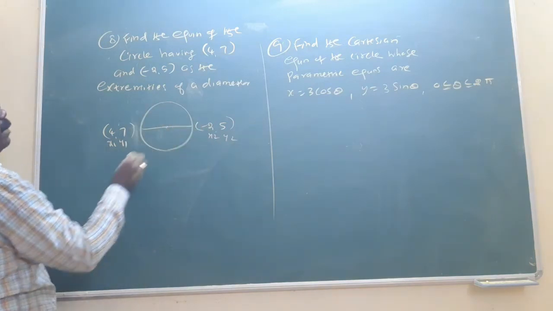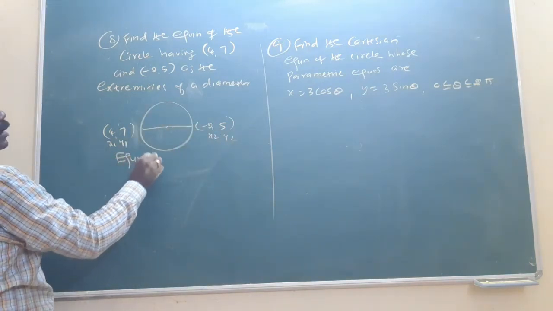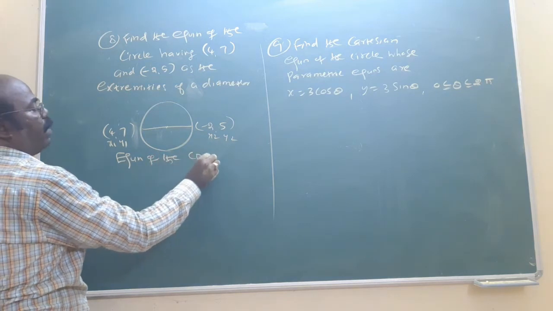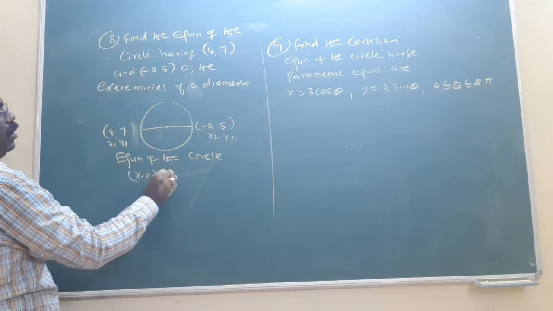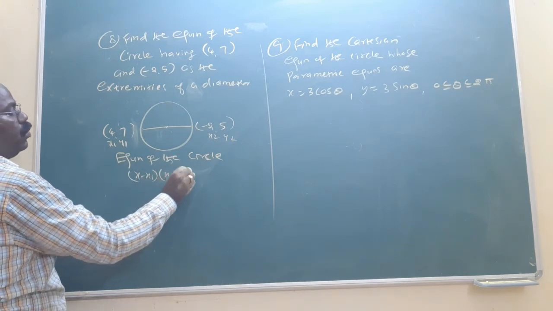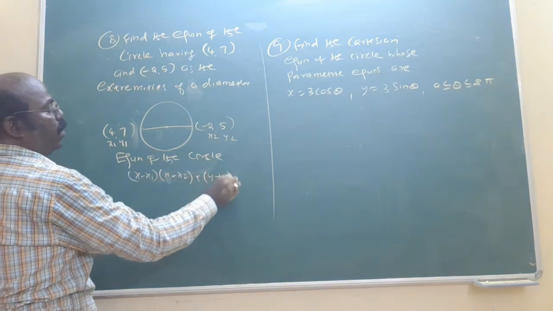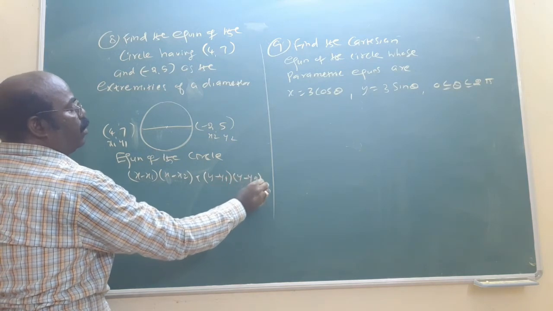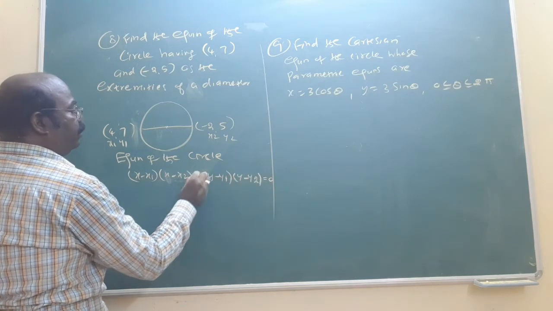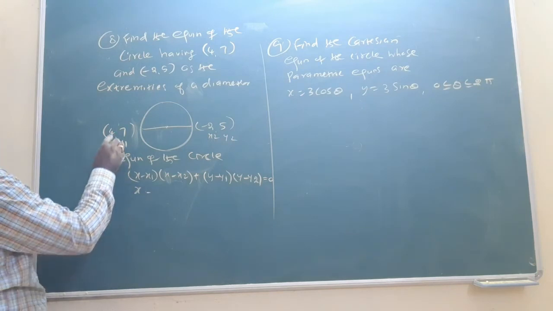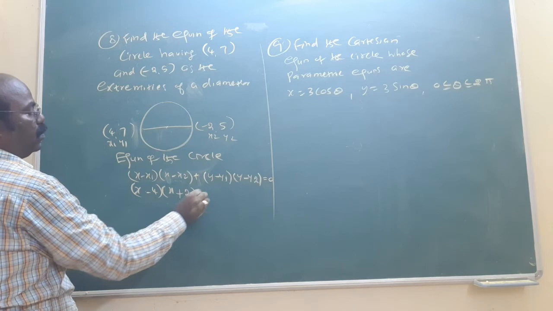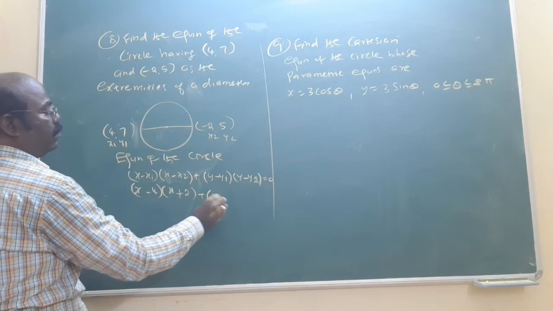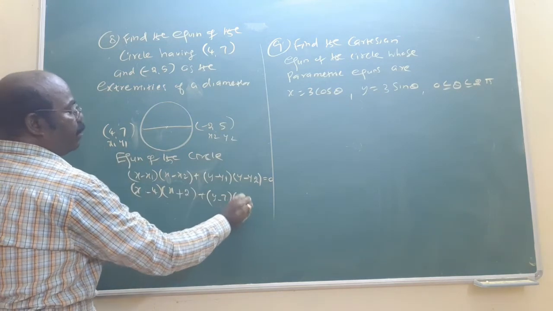Now, when the ends of the diameter are given, one formula for the equation of the circle is x minus x1 into x minus x2 plus y minus y1 into y minus y2 equal to 0. Now substitute here: x1 is 4, x2 is minus 2, y1 is 7, y2 is 5.